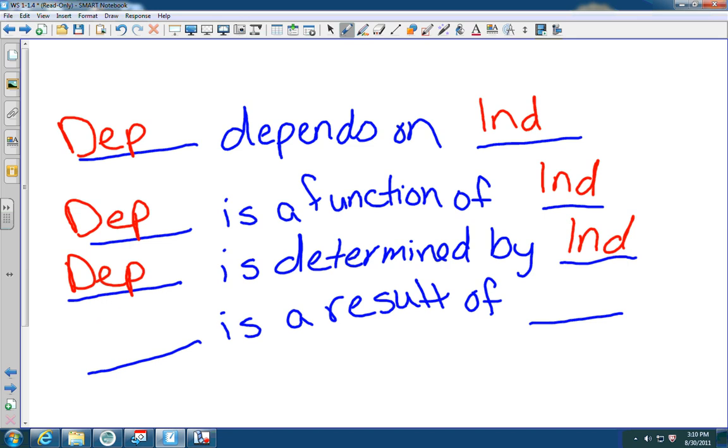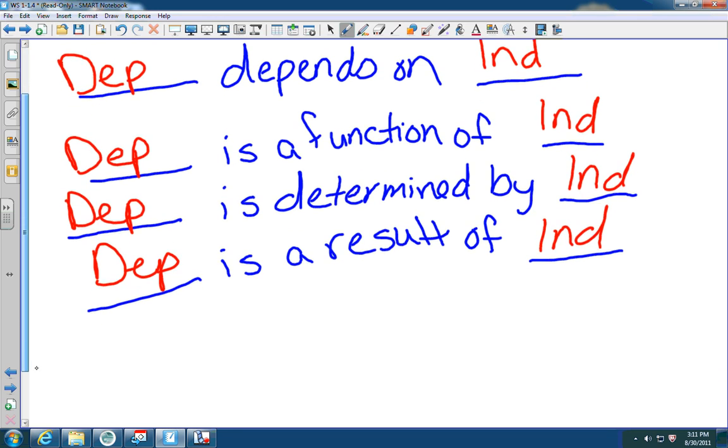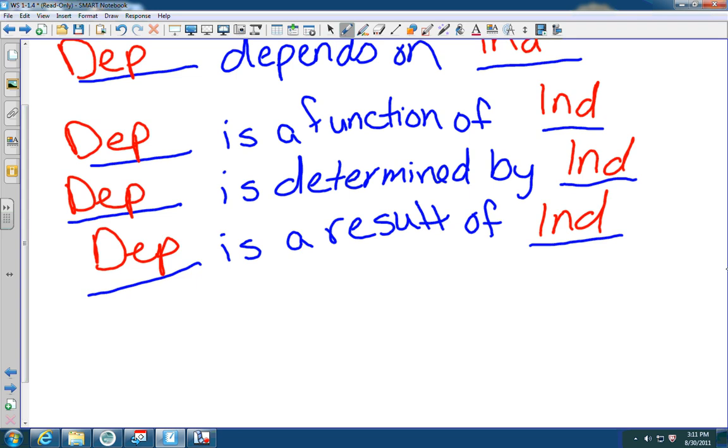So I've got the dependent is a result of the independent. Okay, all those phrases mean the same thing. There's going to be one that's different, and that one is going to be determines.